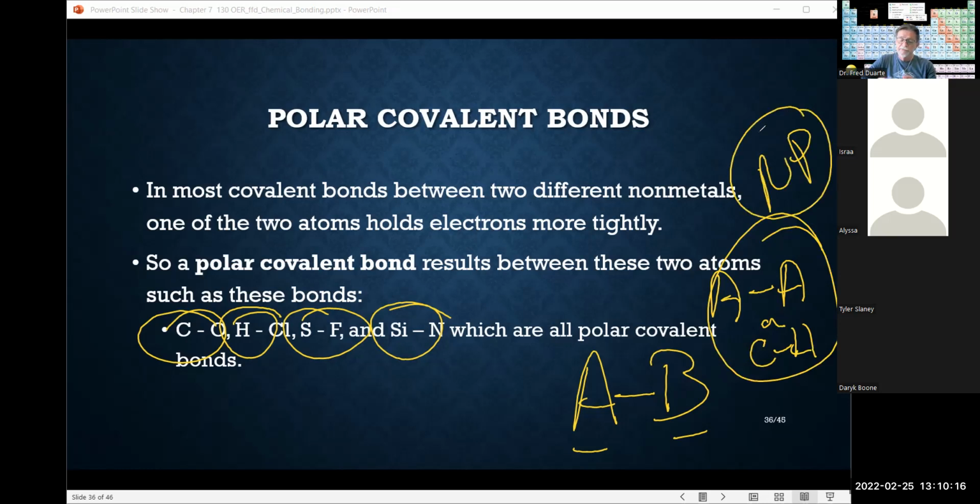Now, this is where sometimes students have a challenge distinguishing the two. But my suggestion is to think of the A-A. They're both the same, so whatever properties, like electronegativity, are going to be the same. So there's equal sharing going on in this bond. A and B are not the same. B is not the same as A. And that means that one of them, A or B, is going to pull those electrons more onto itself, resulting in more electron density around one or the other.